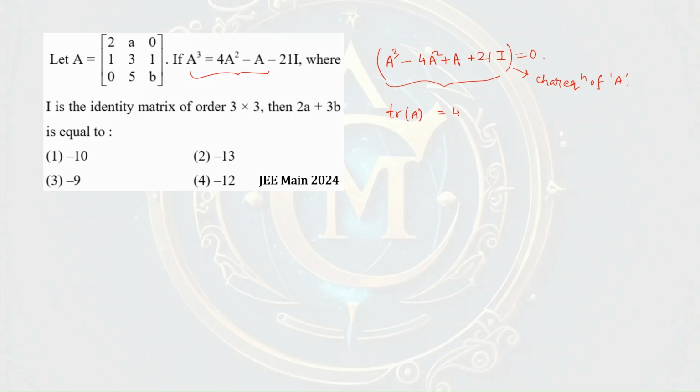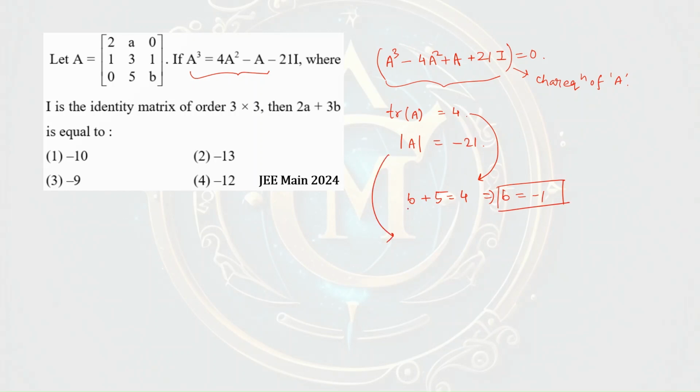So trace of A is 4 from the theory of equations. And similarly, determinant of A is equal to minus 21. Now from here we get trace of A, which is 2 plus 3 plus B. So B plus 5 is equal to 4. That means B equal to minus 1.